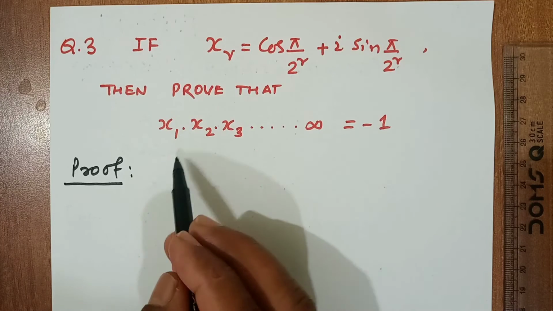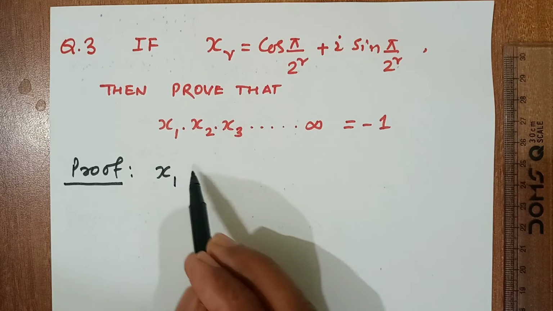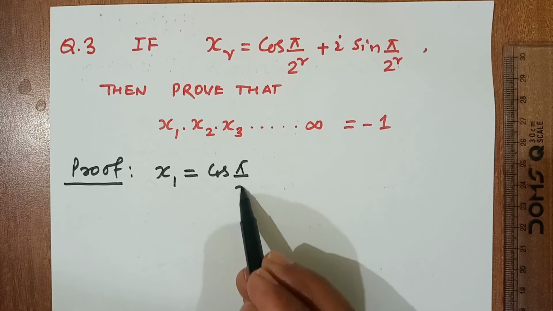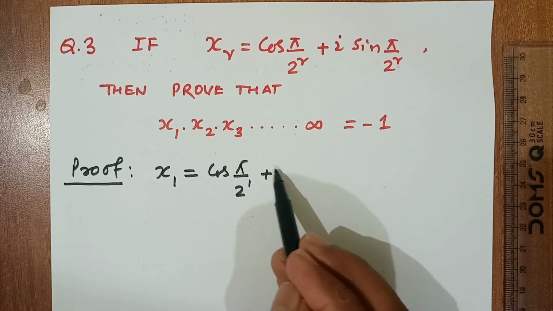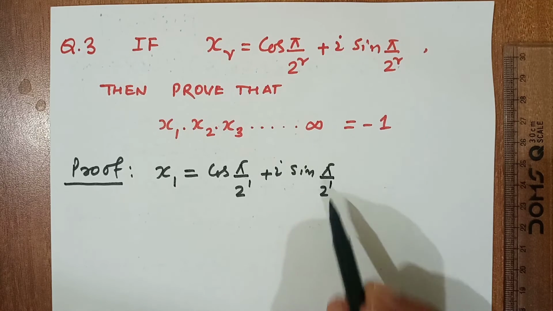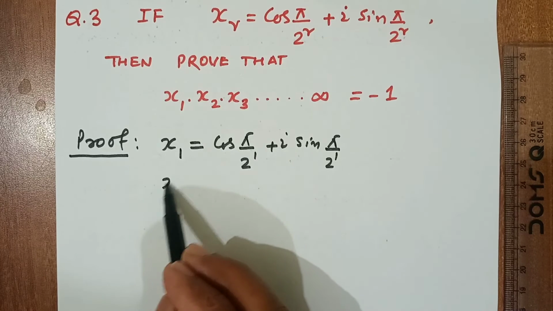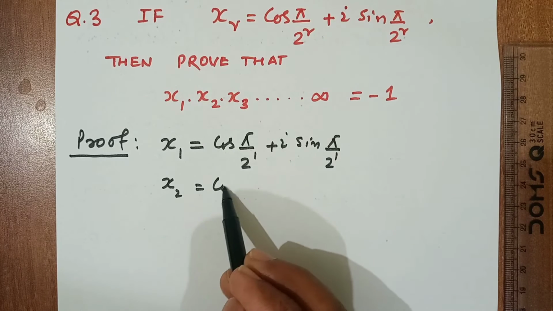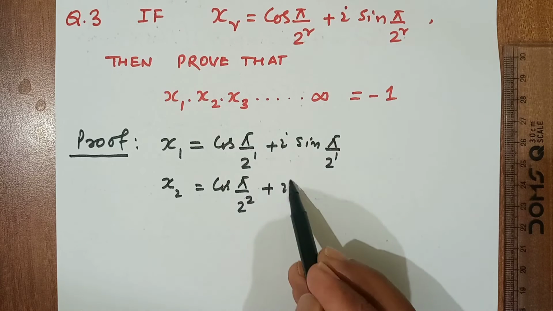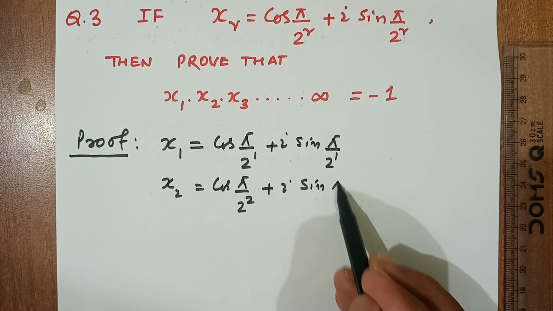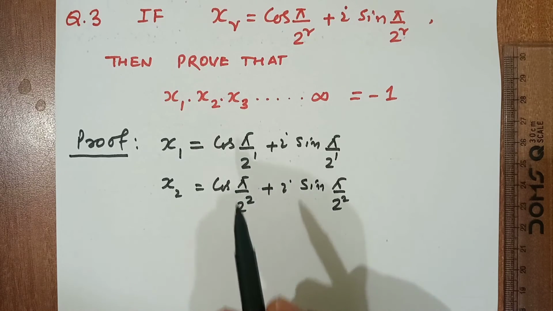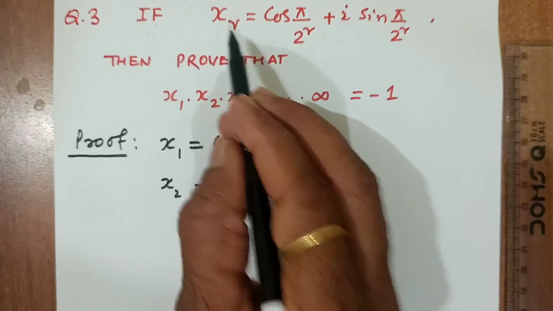So first, x1. What is x1? x1 is equal to cos(pi upon 2 to the power 1) plus i sin(pi upon 2 to the power 1). x2 is equal to cos(pi upon 2 to the power 2) plus i sin(pi upon 2 to the power 2). This is very easy, only putting 1, 2, 3 and so on in place of r.